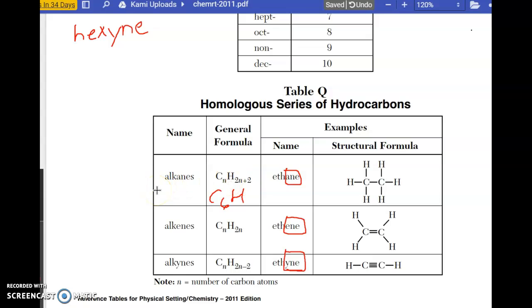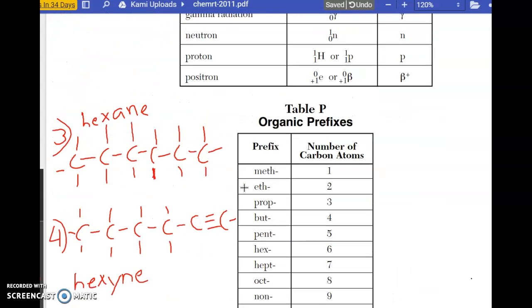So 2 times 6 plus 2 is 14, because 2 times 6 is 12, plus 2 gets you 14. So that is our general formula for this one, C6H14. And if you want to check me, you could pause the video and go through and count how many hydrogens would be surrounding these carbons, and you should get 14. If you don't, let me know.